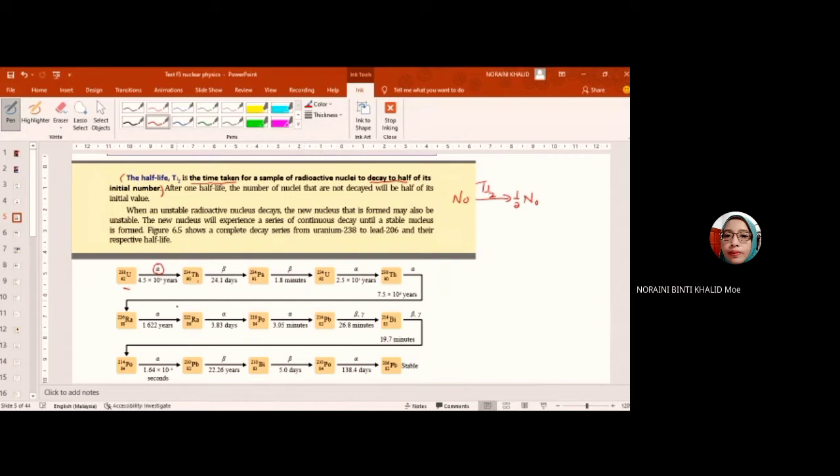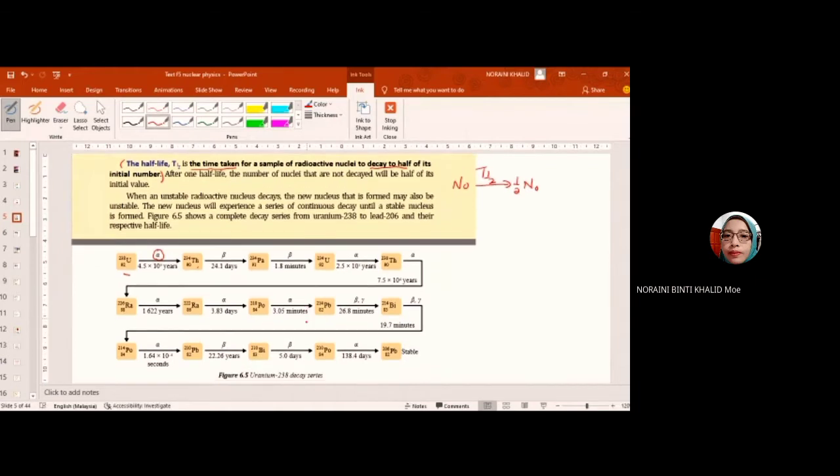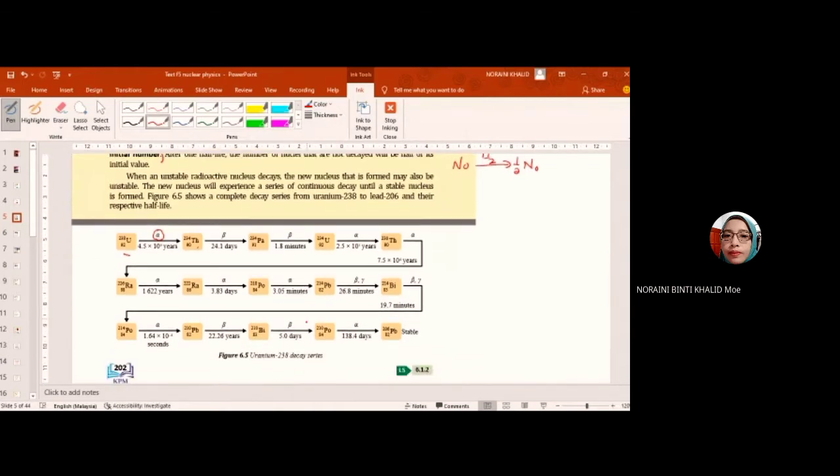Some are very, very long, up to millions of years, some very, very short, just a few minutes. This depends on the material or the element. You can see the final product, which is stable, is lead-206 with 82. So you can look at how many decay processes occur in order to become stable in the end.